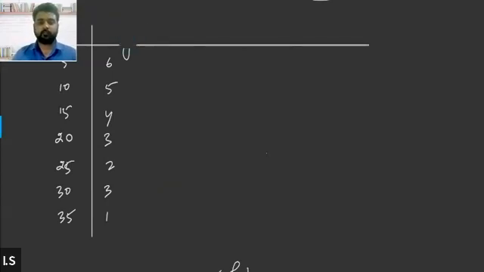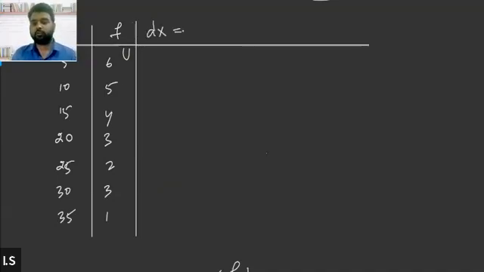This is not fy, this will be f. So in this question also we need to calculate dx, and as I have already told you, dx is calculated in the same way, by subtracting the median value from the value of the items, from the x.